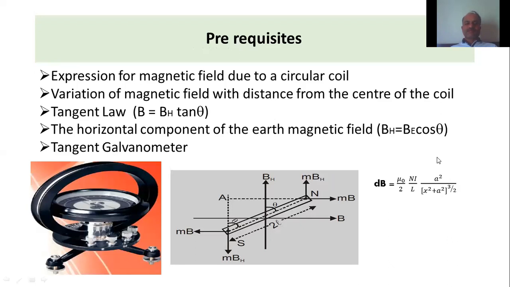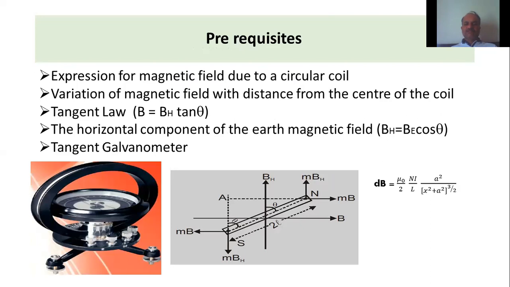So these are the prerequisites we should know before going to the theory of Helmholtz tangent galvanometer. We should know the expression for magnetic field due to a circular coil. This is already done; I have explained it in my earlier sessions.